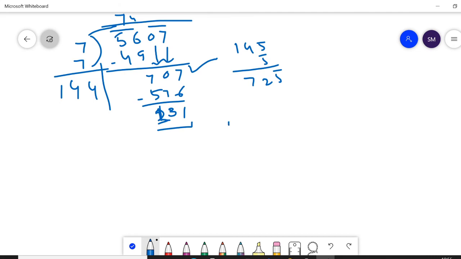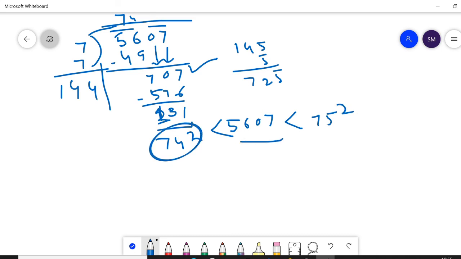Means 5607 is a number which is greater than the square of 74 and less than the square of 75. It is the number between the square of 74 and the square of 75. Here the question asks which number must be added.